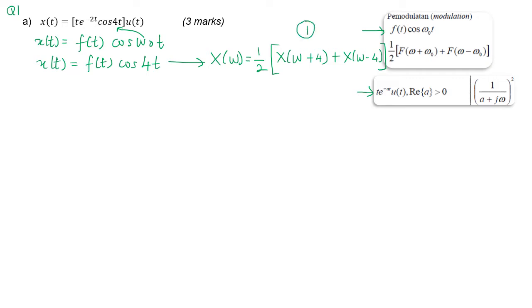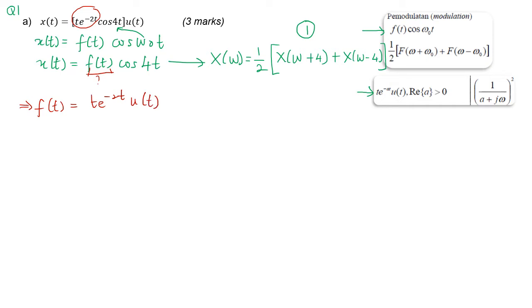So next, what is f(t)? In this case, f(t) is equal to t e to the minus 2t u(t).